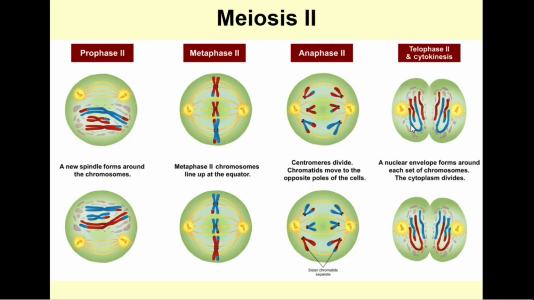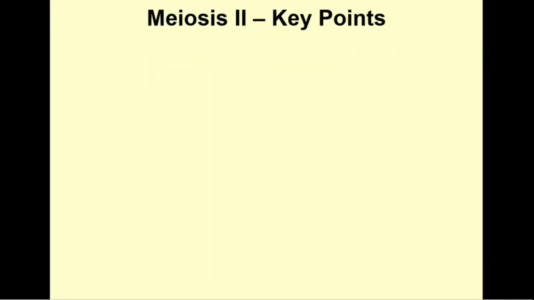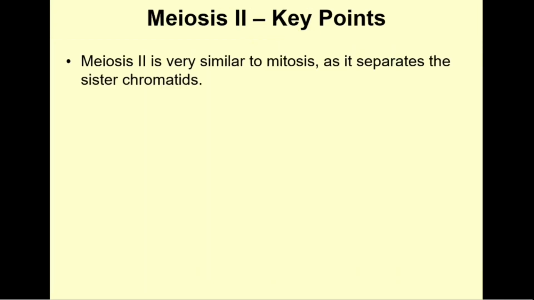So we end up at the end of Meiosis II with 4 daughter cells. So you can see 2 up here and then 2 more down here. So we finish Meiosis II with 4 daughter cells that are genetically different from each other, and they are also haploid. So let's go through the key points for Meiosis II then.